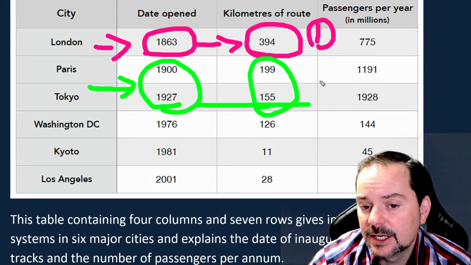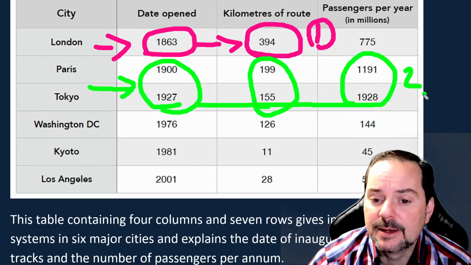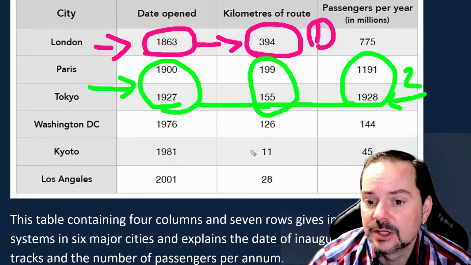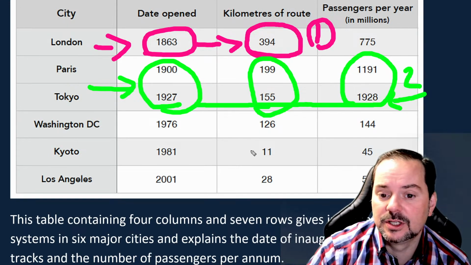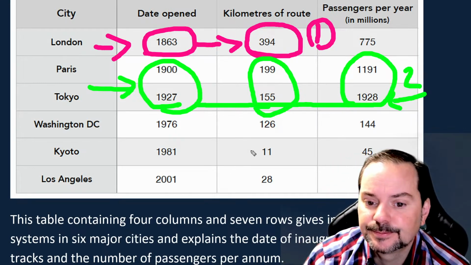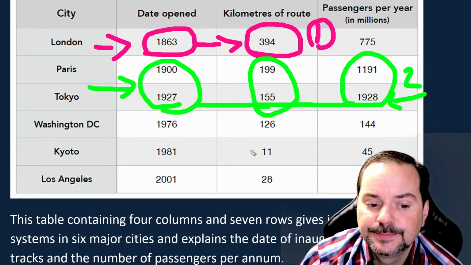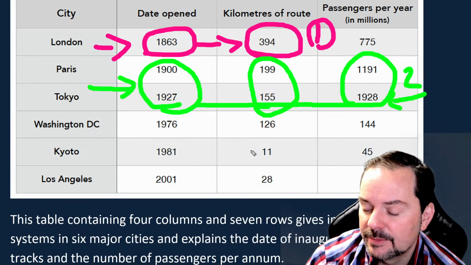And I might not get into specific numbers here. And then over 1 billion passengers. And I might mention here that Tokyo has nearly 2 billion, with Tokyo having nearly 2 billion, right? So that would be my number 2. Okay? Everybody sees that?